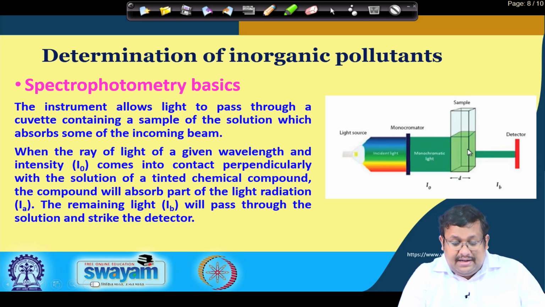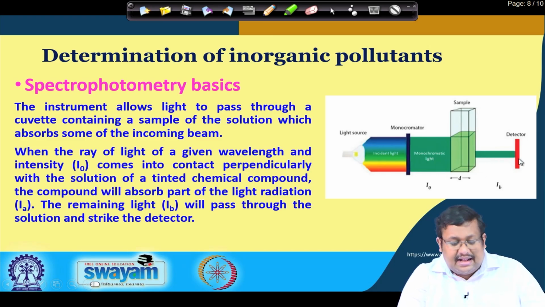So, the instrument basically allows light to pass through this cuvette containing the sample, which absorbs some of the incoming beam. If there is an incoming incident light, and then we are using a monochromator to convert it to a monochromatic light, when the monochromatic light passes through a sample in the cuvette, some amount is absorbed and some amount will be transmitted.